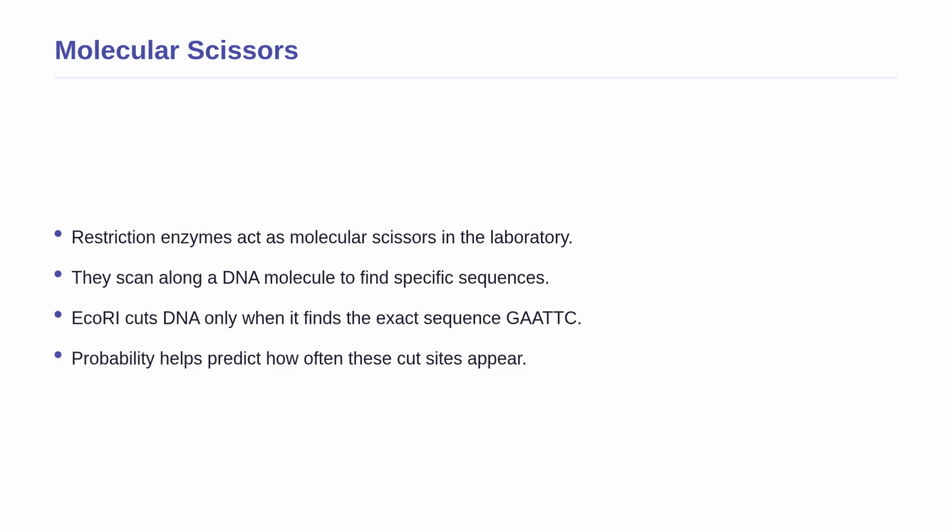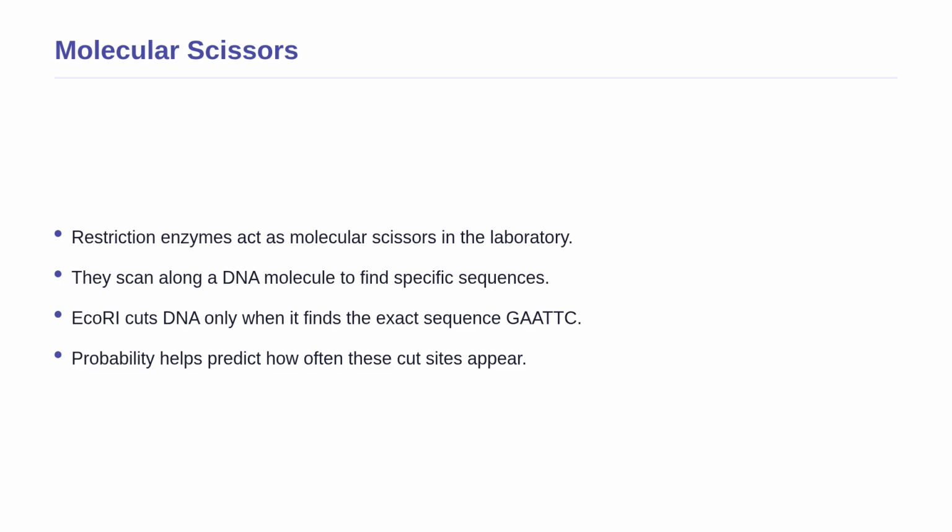Before we calculate our next example, let us understand the biological tool we will be using. In the laboratory, scientists use proteins called restriction enzymes, which act like molecular scissors. These enzymes scan along a long DNA molecule and cut it only when they find a very specific sequence of letters.